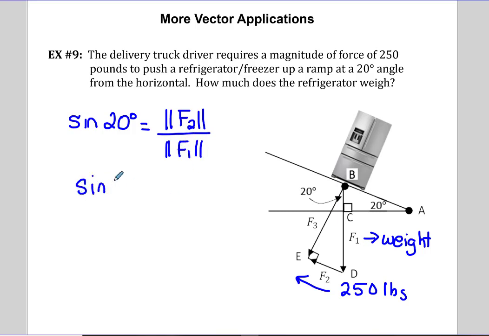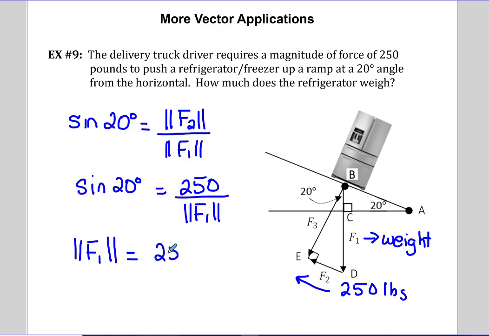So if we convert that to an equation, we can substitute F2 is 250 pounds divided by the weight of the refrigerator. So solving for the weight of the refrigerator is 250 pounds divided by the sine of 20 degrees.